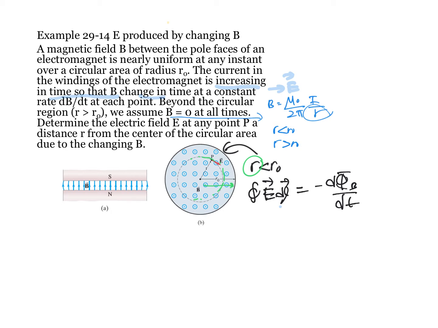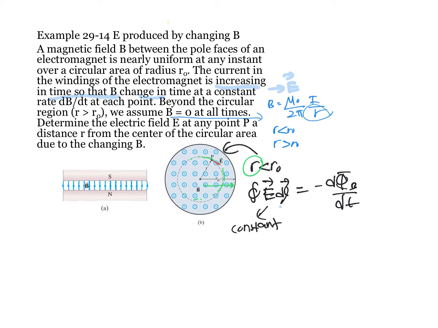We can focus only on the magnitude, so we can ignore the negative. Because it is a closed loop and the closed loop is a circle, our E is going to be constant.